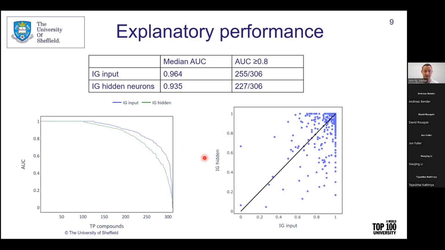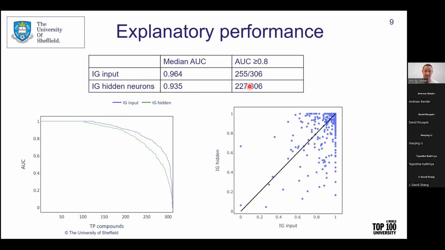So here are some of the results. We're comparing a new method, applying integrated gradients on the hidden neurons, to applying it to the input features. This is now looking at individual compounds. The left plot shows all the individual AUC scores ranked for both methods, and here we have the associated median AUC. We can see that both methods generate very good explanations for the majority of compounds.